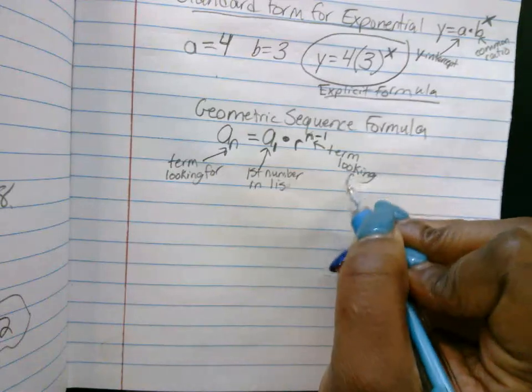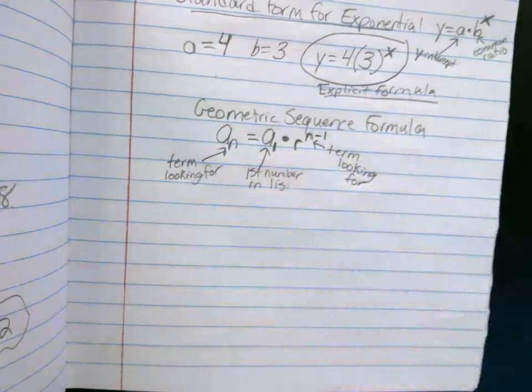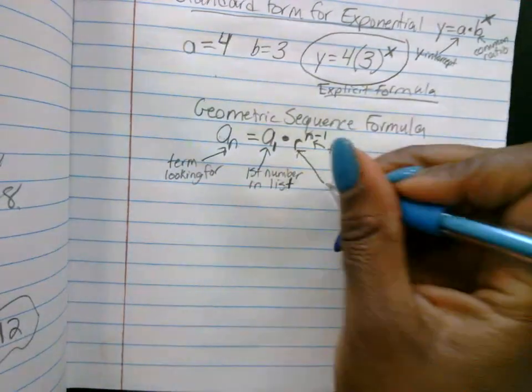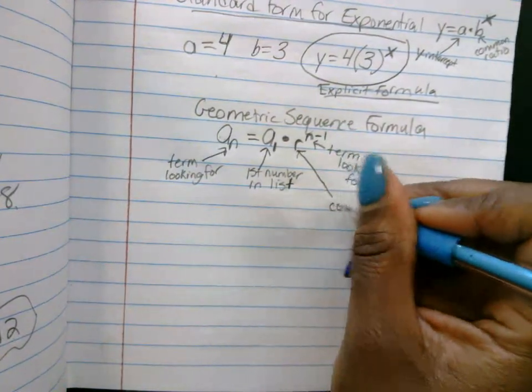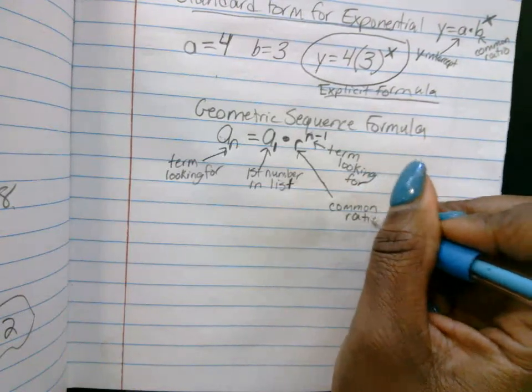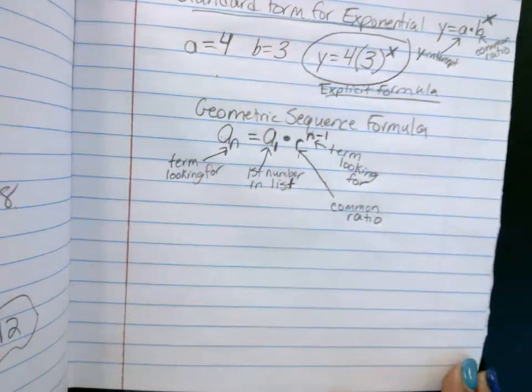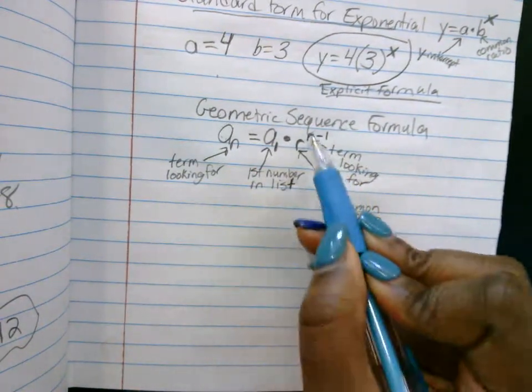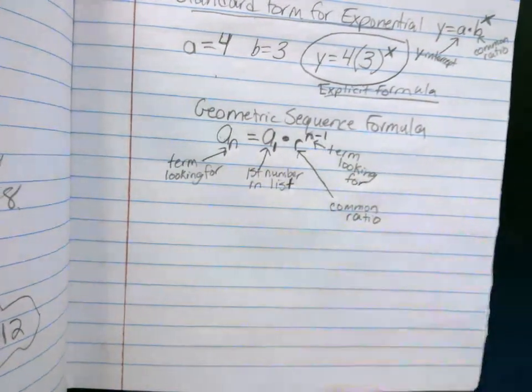I'm going to pause to give you a chance to write. The r, I forgot, is your common ratio. Sorry. And then, Jemiah, this is n. This is the number that you're looking for.